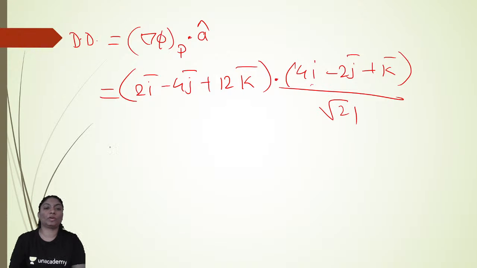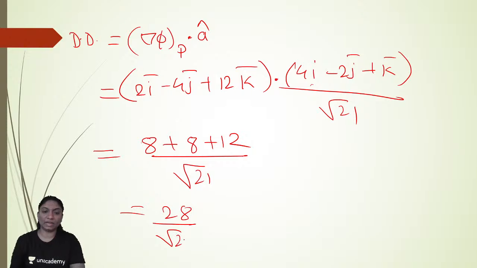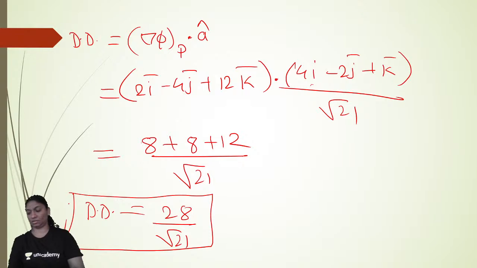Now take the dot product. So you will get 4 into 2, 8, minus 4 into minus 2, plus 8, 12 into 1, plus 12, upon root 21. So 12 plus 8, 20 plus 8, 28 by root 21 is the directional derivative of the given function phi.